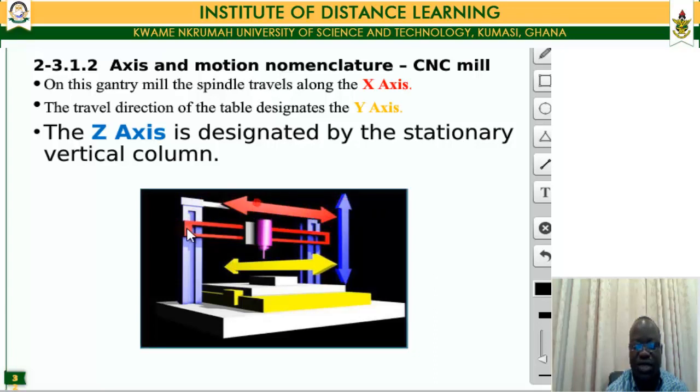Now, the travel on the y is along this axis, and the z is along this axis. In some other nomenclature this may change a little, but the vertical column is the z. The x and y in some types of mill do interchange, so you may have the x along the longest travel and the y on the shortest travel, or the other way around.